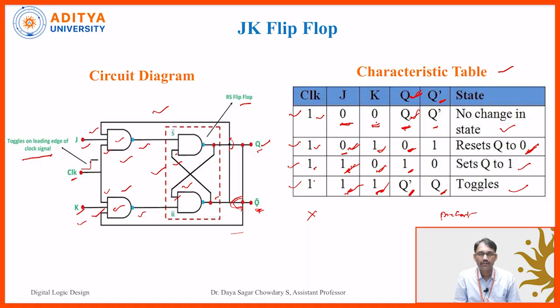So we can predict this toggle condition. It is not possible in the SR flip-flop, but it is possible in the JK flip-flop. So we can get the toggling condition for both inputs, that is j is equal to 1 and k is equal to 1.